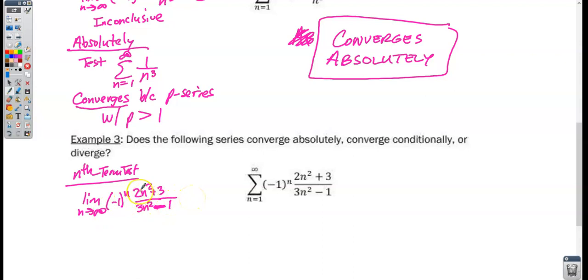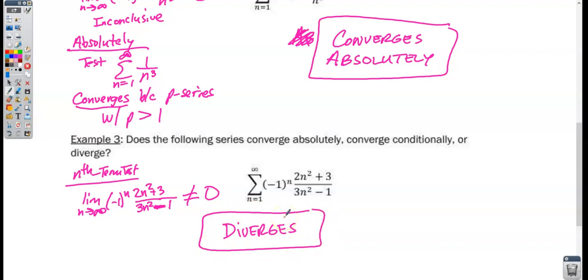Well, this bounces back and forth between 2/3 and negative 2/3. Either way, this does not equal 0. And therefore, this series diverges by the nth term test. All right, let's keep chugging here.